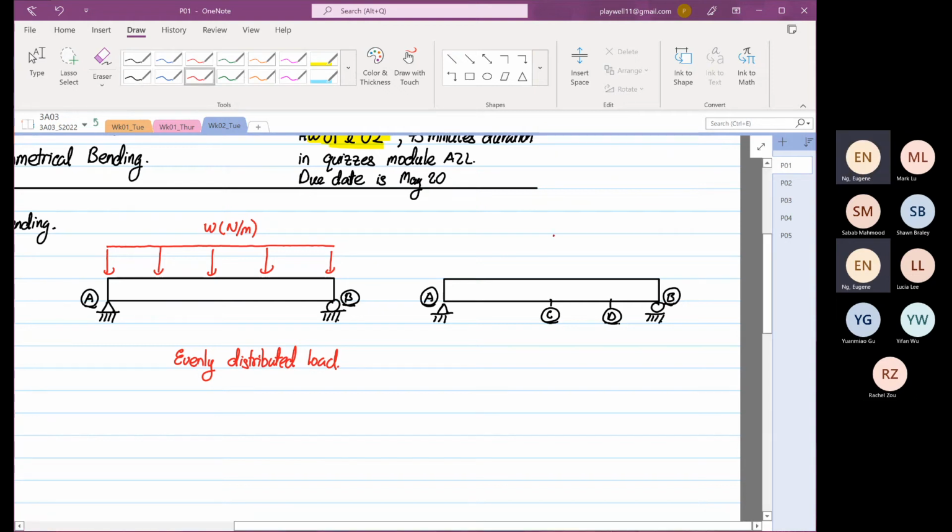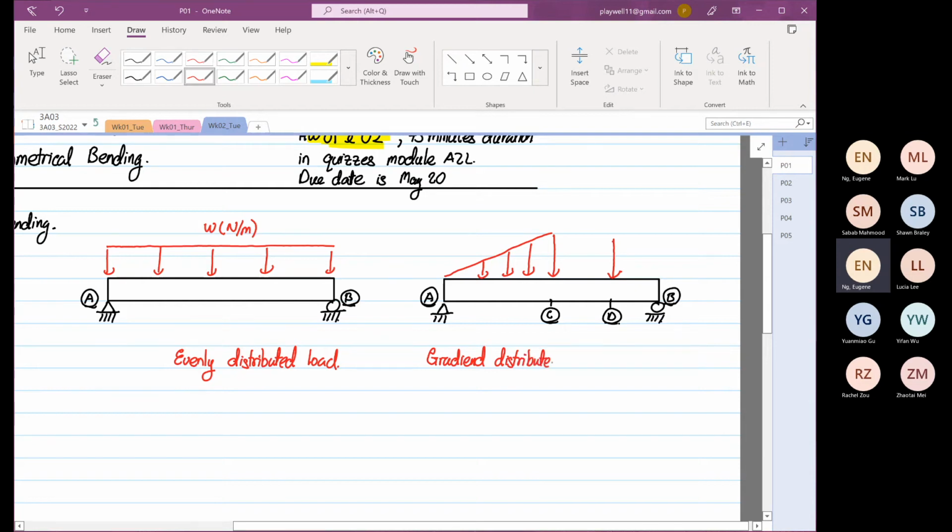On one side you have a gradient distributed load, again omega Newton per meter, and then at point D you have a point load P.